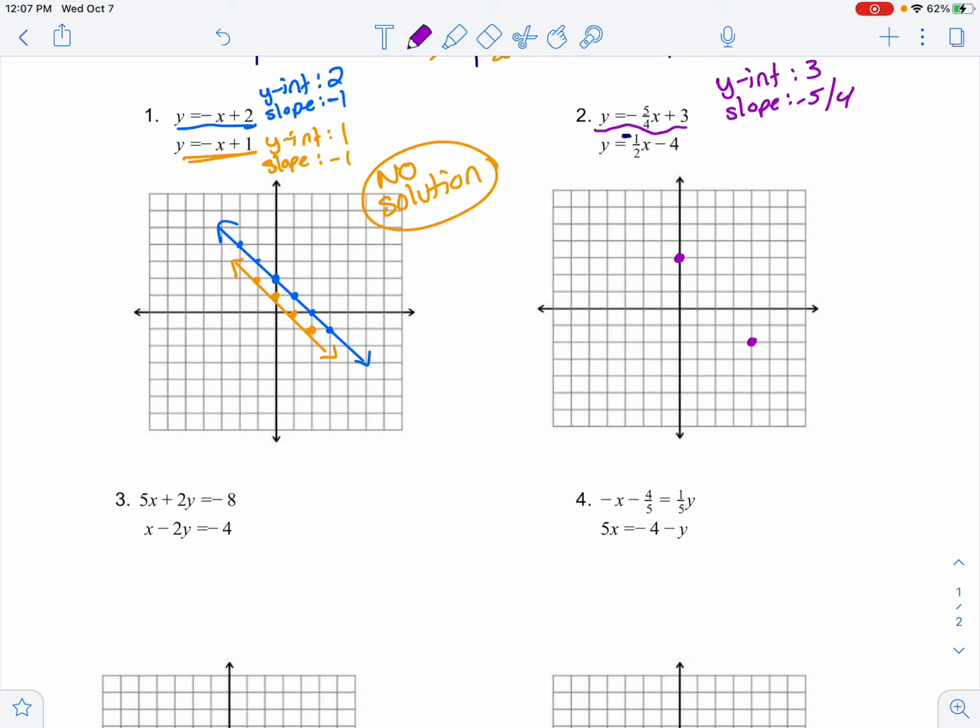And I'm going to keep going. Make my line. There we go. All right. Okay, I don't know why this mark is on here, but that should be a positive slope.